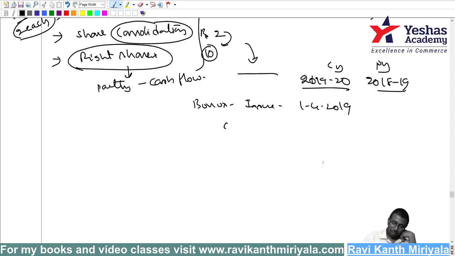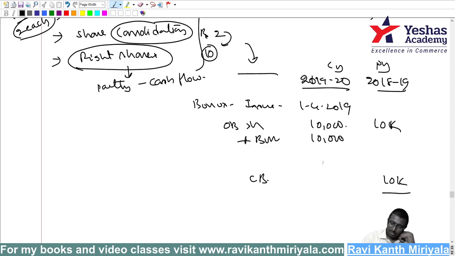My opening balance is 10,000 shares, plus bonus of another 10,000 shares we have given. Last year's closing balance was 10,000. Current year closing balance, 10 plus 10, became 20.